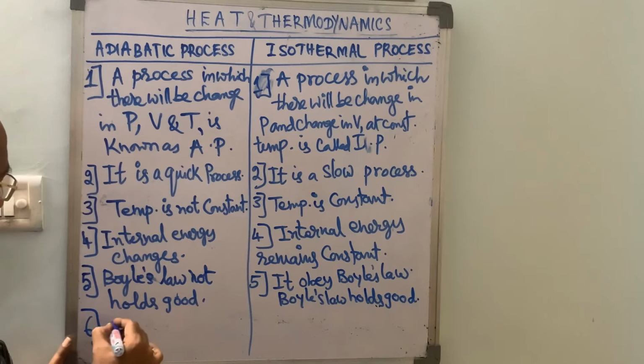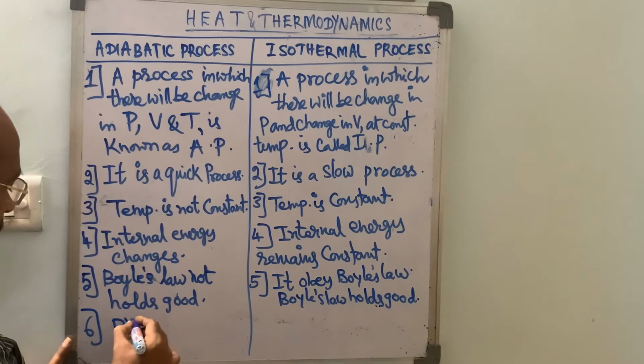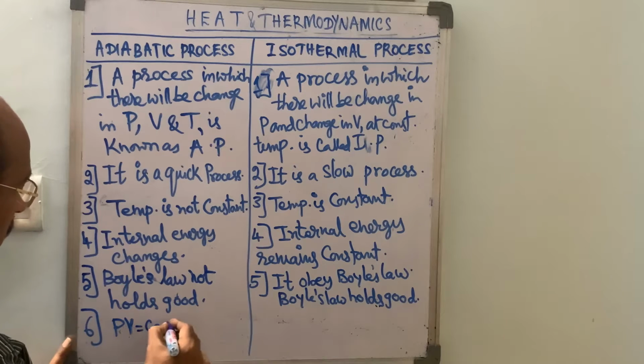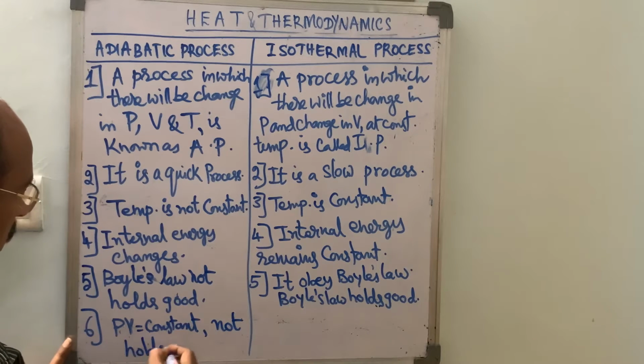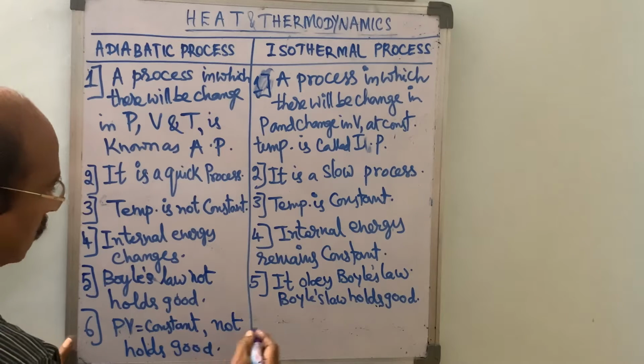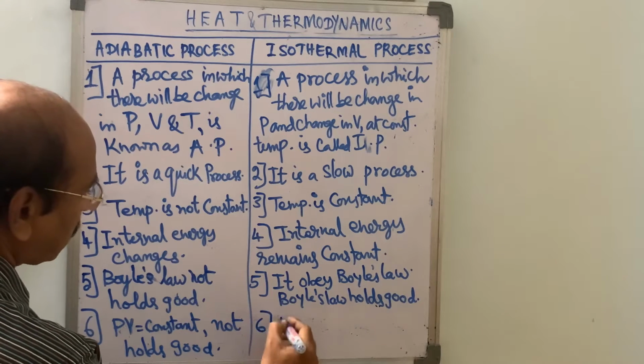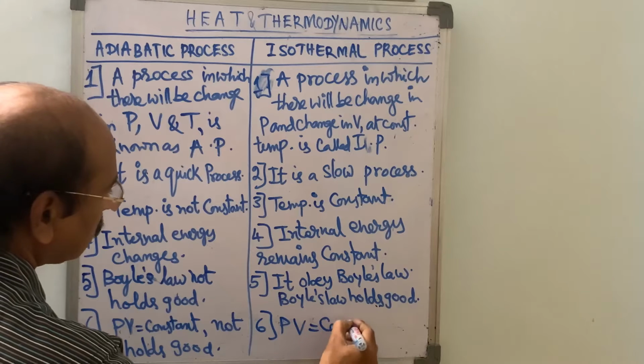Therefore, PV equal to constant does not hold good in the adiabatic process. Here in the isothermal process, PV equal to constant holds good.